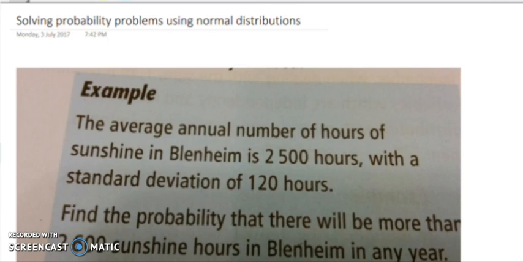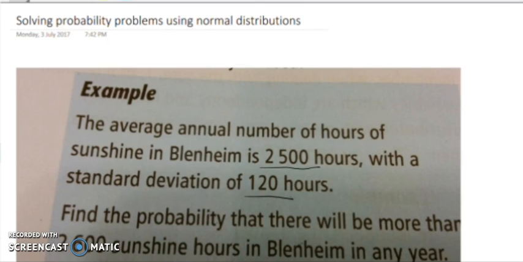So in this example, the average annual number of hours of sunshine in Blenheim is 2,500 hours with a standard deviation of 120 hours. Now, if you've had a look at our standardized table, we couldn't possibly have a table for every different value of mean and every single standard deviation that matches up with every single mean.